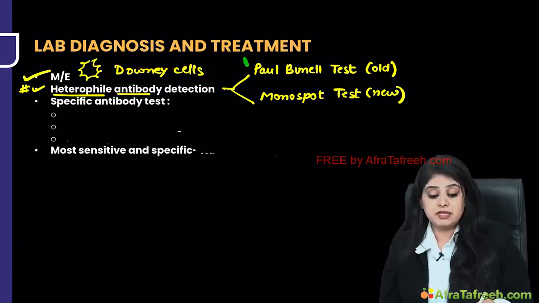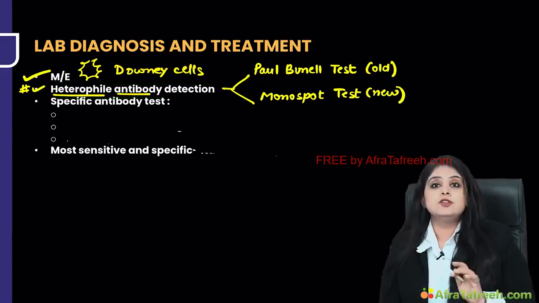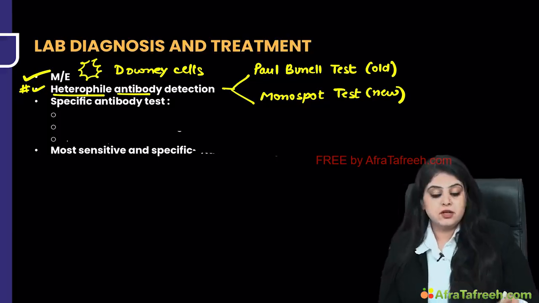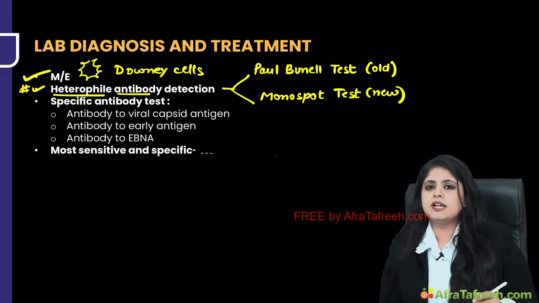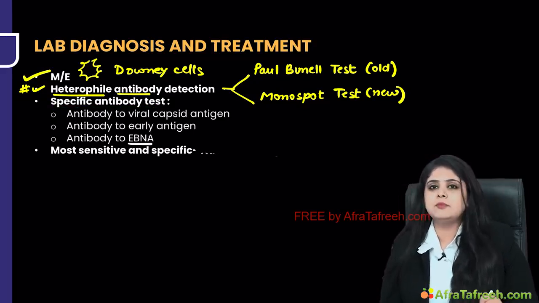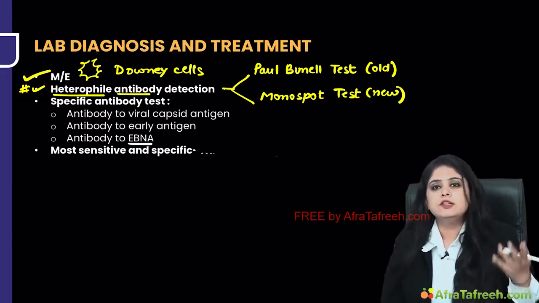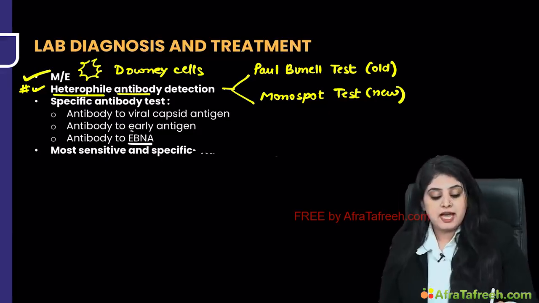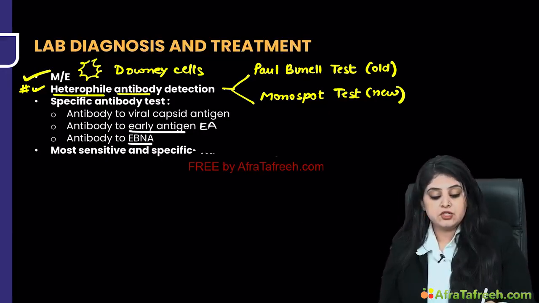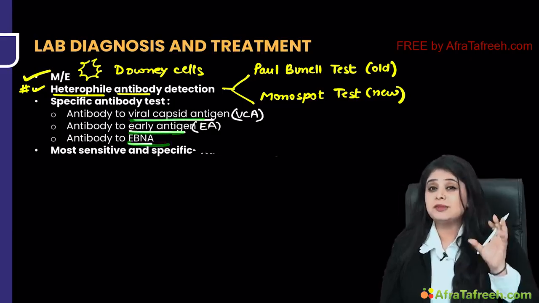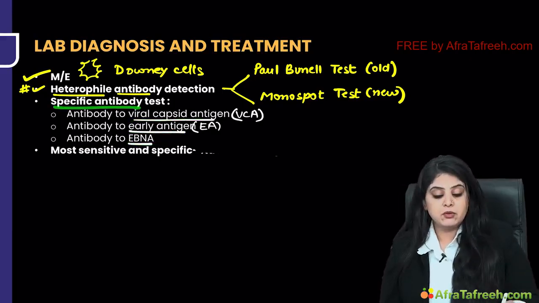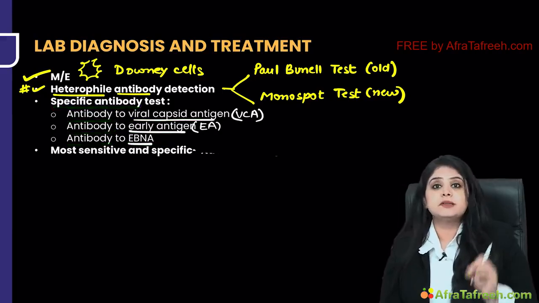But remember, these are still not considered very specific. What are specific antibody testings? These are the three that you have to know. Did I tell you something called LMP1, EBNA2? These were parts of EBV. So antibodies against EBNA, antibodies against early antigen, which will allow early diagnosis, and antibodies against viral capsid antigen. These are all virus parts, and since they are specific to the virus, antibodies against these parts will make a specific diagnosis.